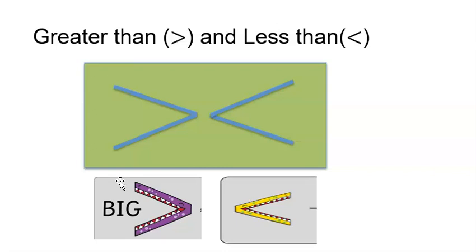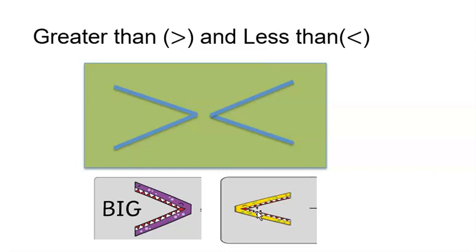That is called greater than. And less than is any number that is smaller than another number or any object that is smaller than another object. Okay? Did we get that?